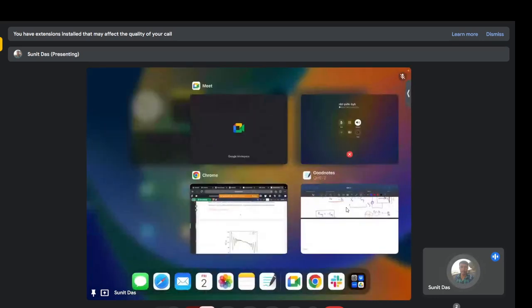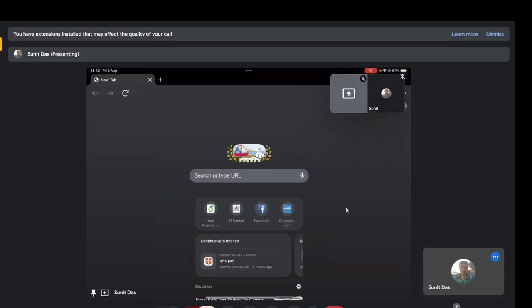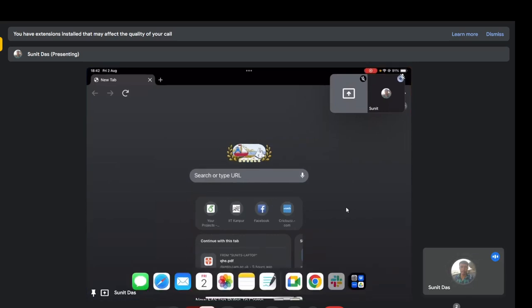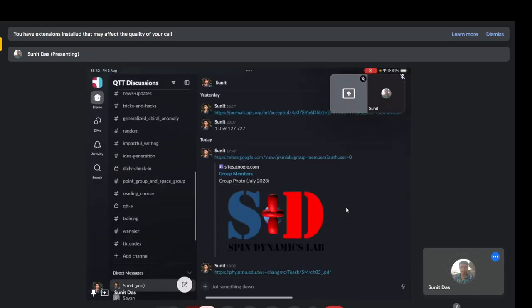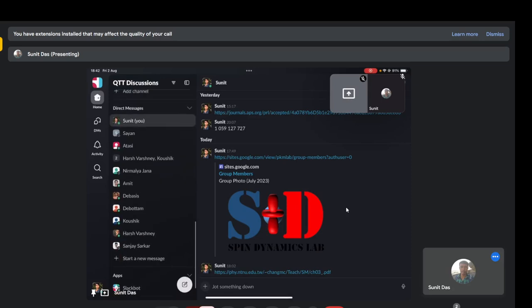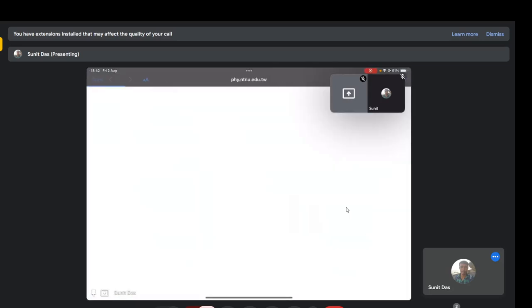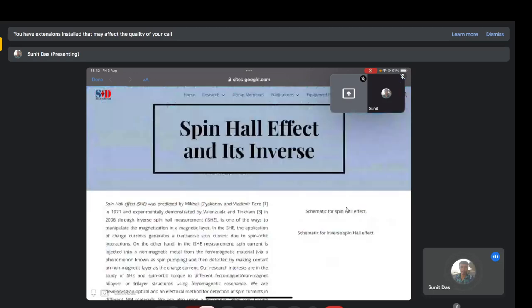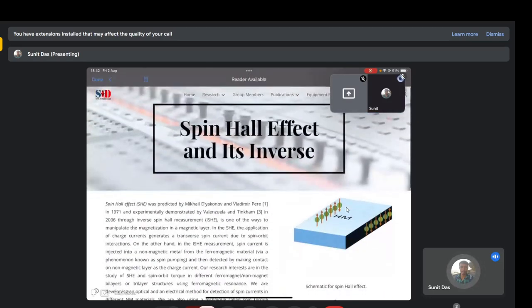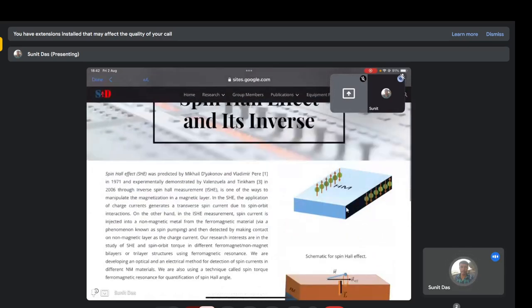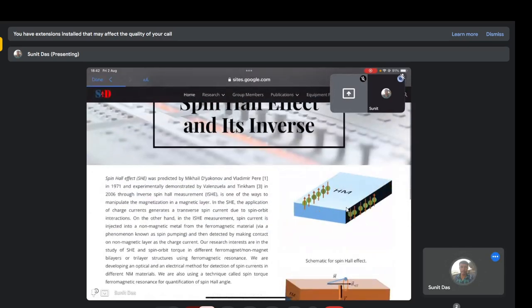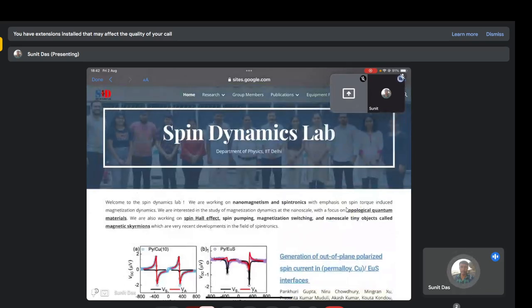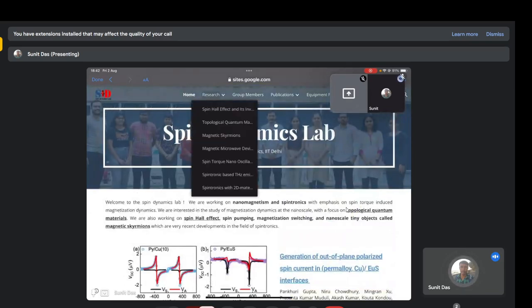So the question was about how to measure the spin Hall effect. So I am showing from one of the IIT Delhi professors' websites actually. So this is the spin dynamics lab based at IIT Delhi.